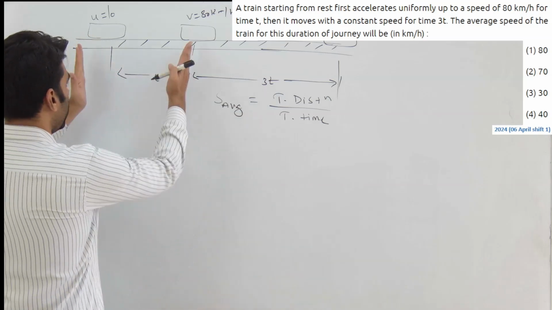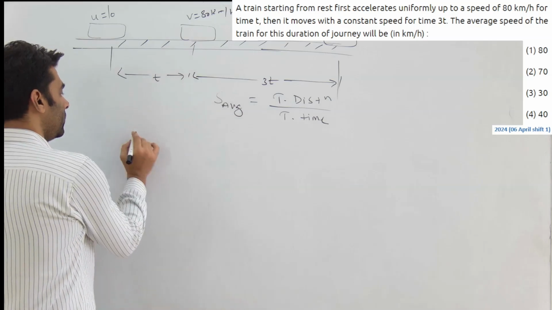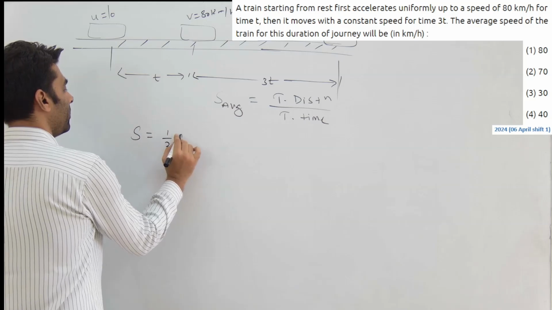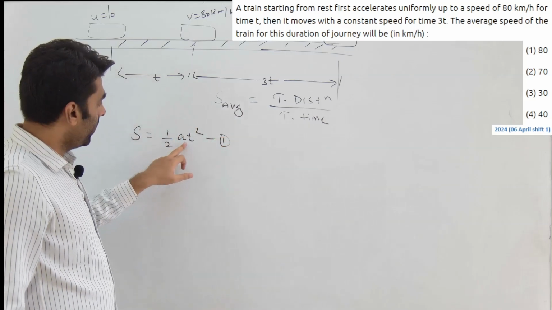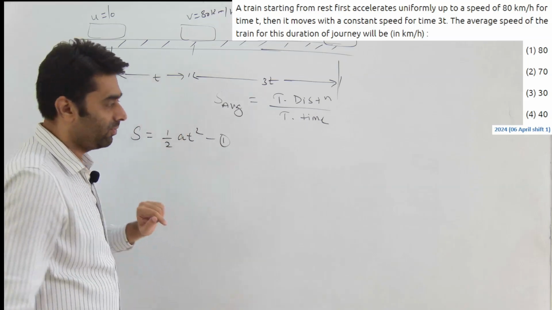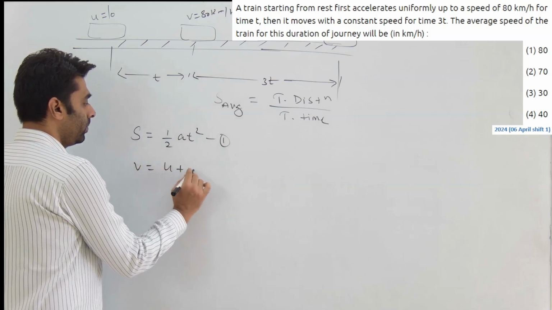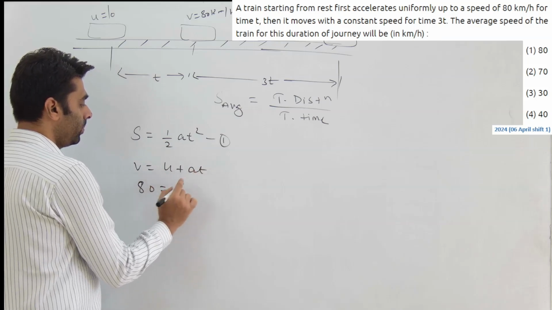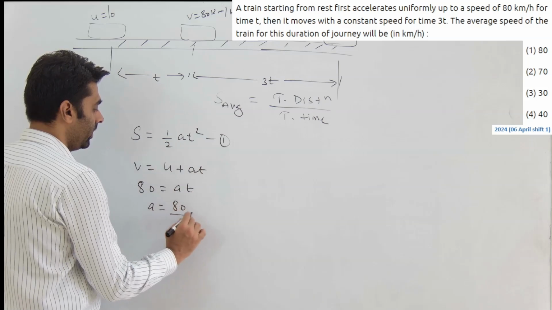So in this part of the journey, this is accelerated motion. What can we write? Because it is straight line motion, s equals ut plus half a t square. u is 0, right? Over here we don't know the acceleration. Can we calculate? Yes, using the first equation we will calculate our acceleration. So v equals u plus at. v is 80. 80 equals 0 plus a into t. So a value comes out to be 80 by t.